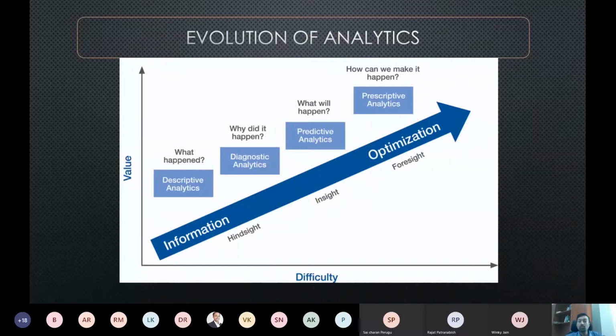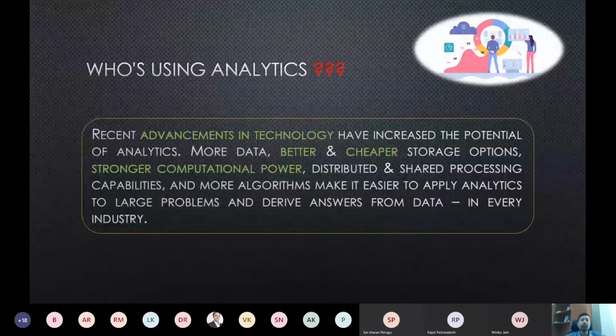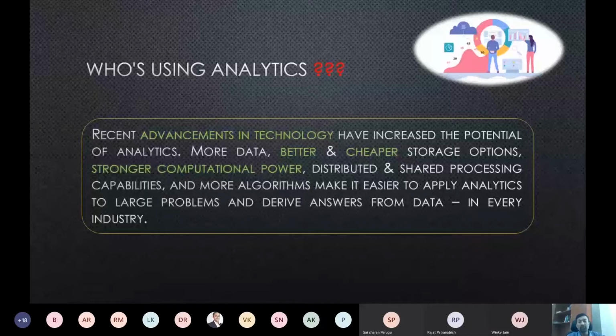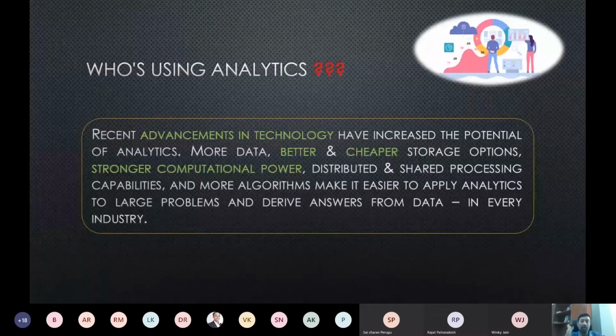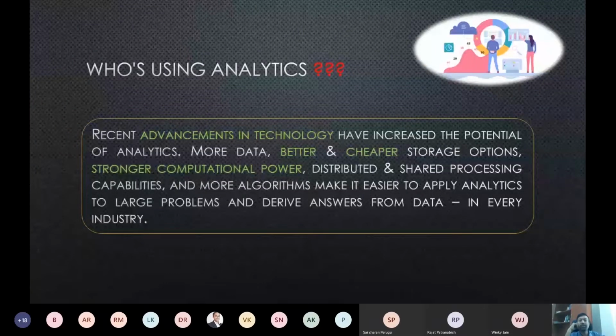So how has this evolved, and when we talk about its application, where do we use this, who is using analytics? I think this question needs to be reframed. Who is not using analytics, right? Because if you go to any sector, you will definitely find an application of analytics. And what's the reason behind this?